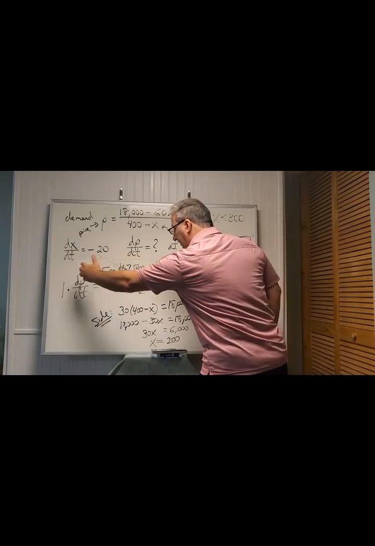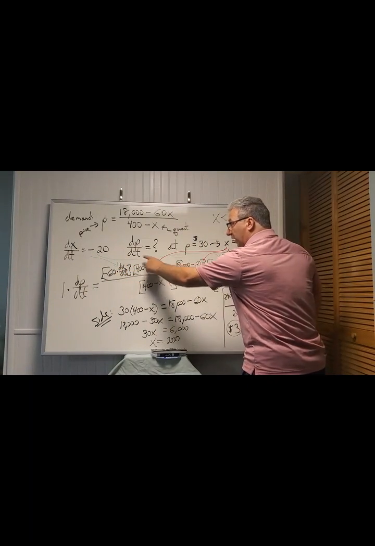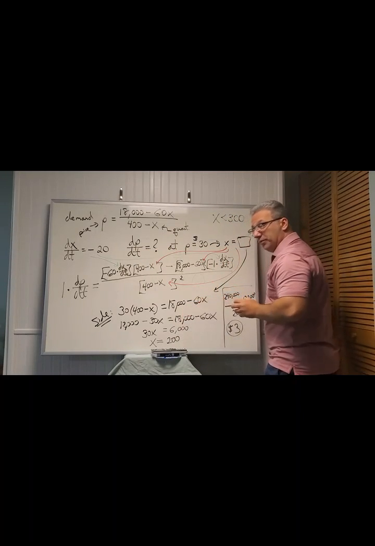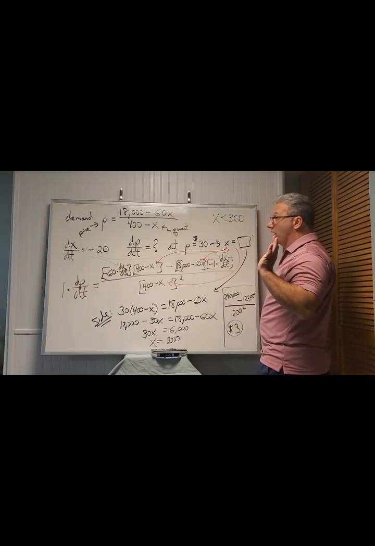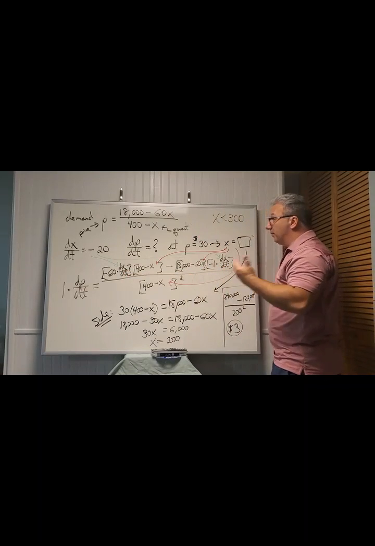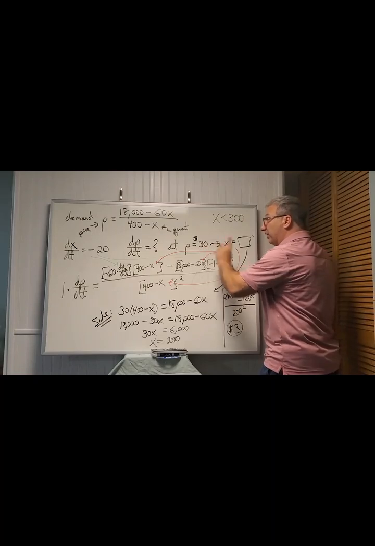When I plug in, I did notice there was an issue. I didn't have x right away in the beginning. They were sneaky. I had to pause. This is my pause moment. I was going really fast and I ran into a wall and said, whoa. They gave me the dx/dt. That went in nicely. But they didn't give me x. Sneaky. But they did give me a price point.